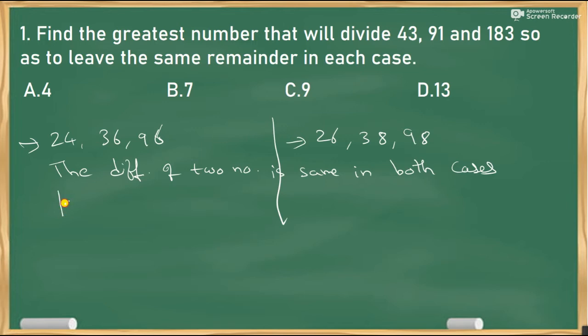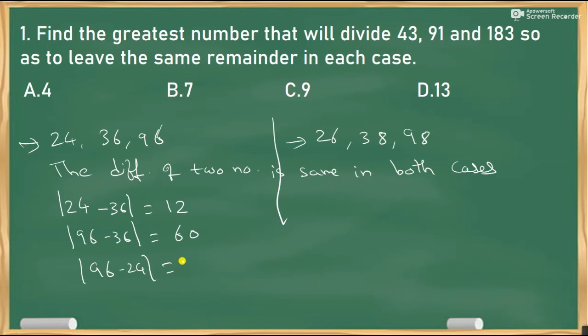Let me take the difference between 24 and 36. 36 minus 24 will be 12. Next, the difference between 96 and 36 will be 60, and next 96 and 24 is nothing but 72.